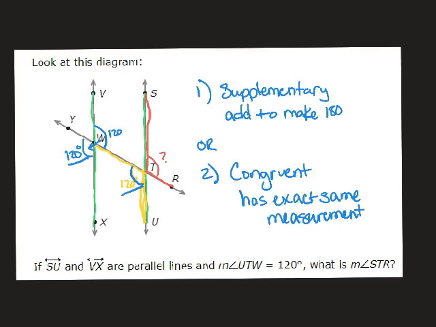So guess what I know about angle STR? It's also 120. And there are a couple reasons for this. 1, it's vertical angles. 2, it's alternate exterior. This angle, this angle, this angle, and this angle are all 120 degrees. Okay?